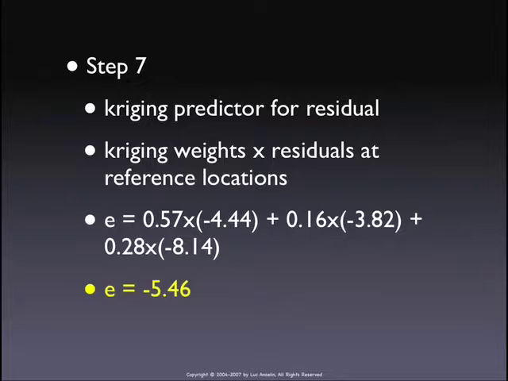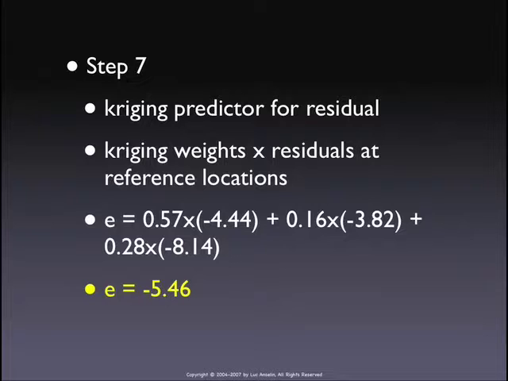Because it's unobserved, it's not really a residual in the usual sense of the word, because the residual is the difference between observed and predicted, right? But we don't know what observed is, and we will never know unless we cheat, like we did in the lab. So this is now our optimal, best linear unbiased prediction for the residual at that location.